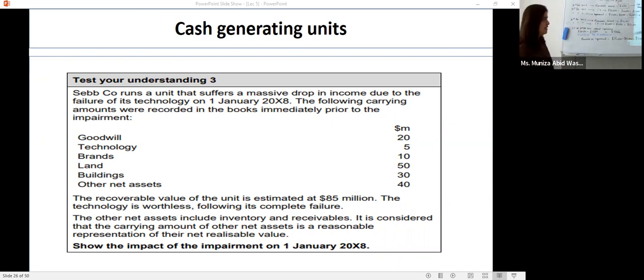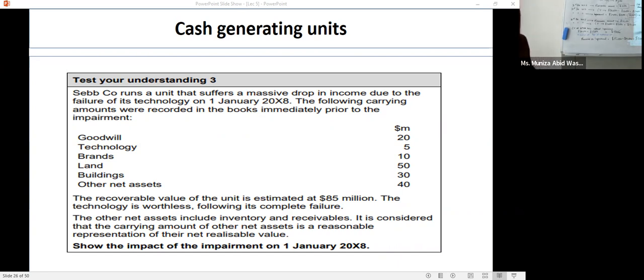The recoverable value of the unit is estimated at $85 million. The technology is worthless following its complete failure. The other net assets include inventory and receivables. It is considered that the carrying amount of other net assets is a reasonable representation of their NRV.